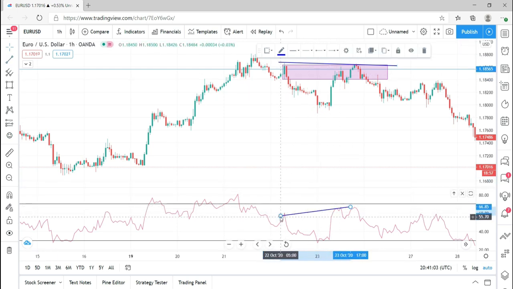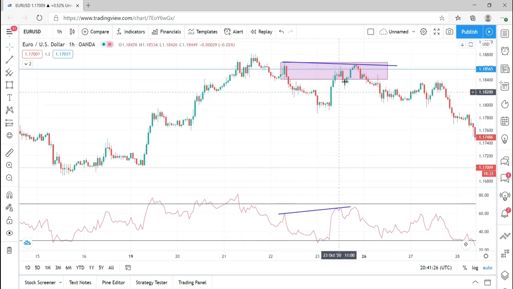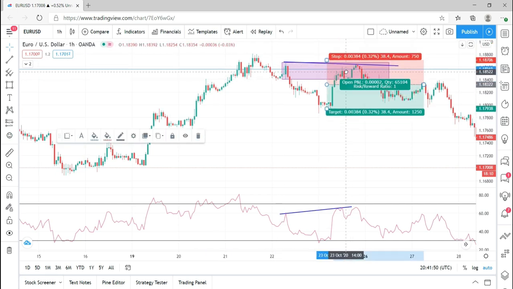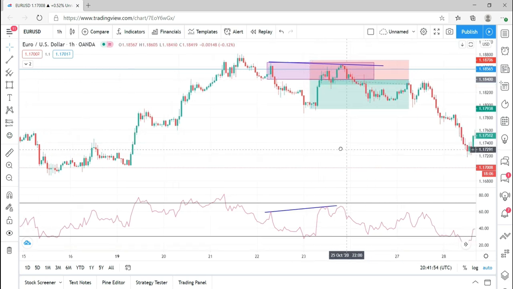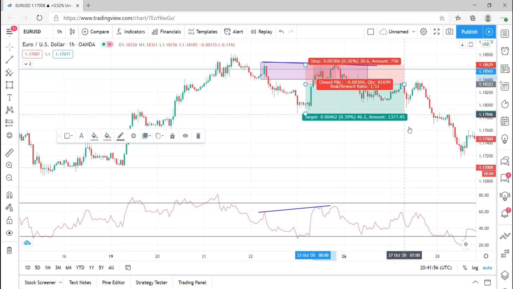And then we have supply, and then price went into supply. As soon as it gets to the supply area, we can get in, put our stop loss right here or a little bit above, and then we can look for some profits. Some nice profits, actually.